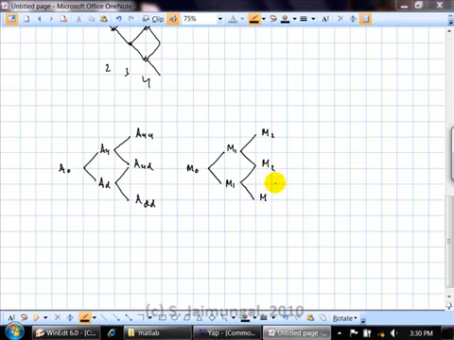M sub 2. So these are equal to 1 plus R, 1 plus R all squared. It just grows at the risk-free rate, just for simplicity. And let's say I give you these values. I gave you some numbers there. How would you decide whether this system admits an arbitrage or not? What would you do?